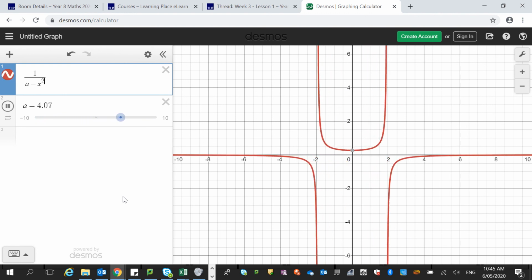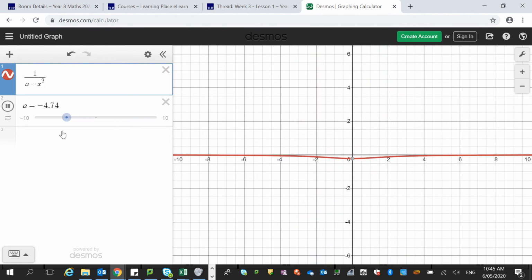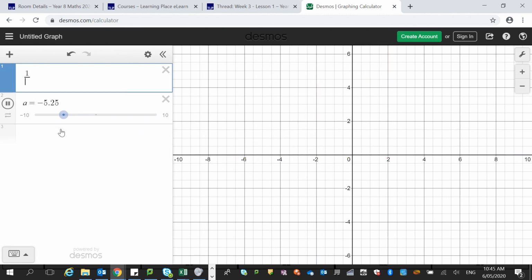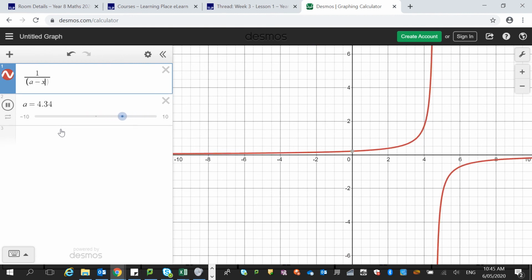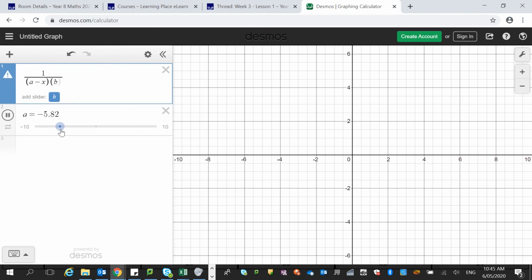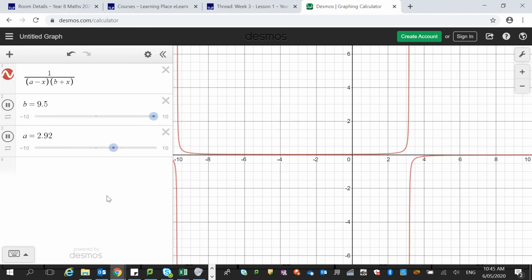Just have a bit of a look around this. We could even take x, b plus x, and we can make these both go a little bit crazy.